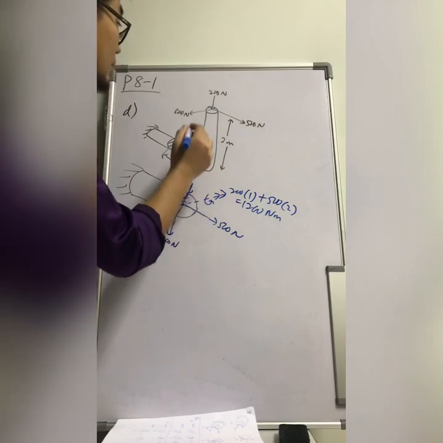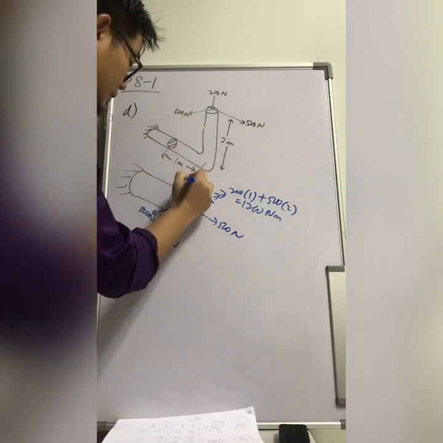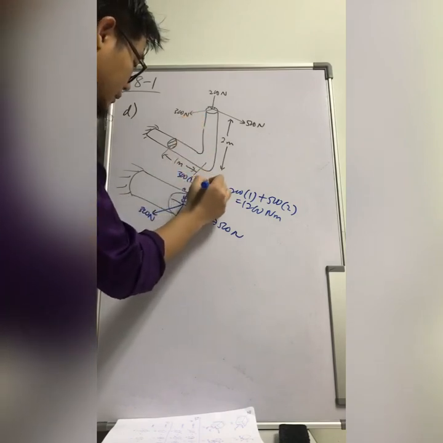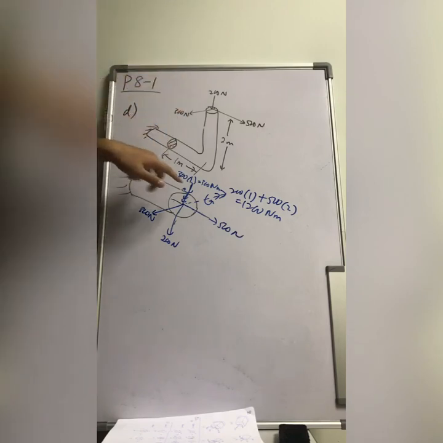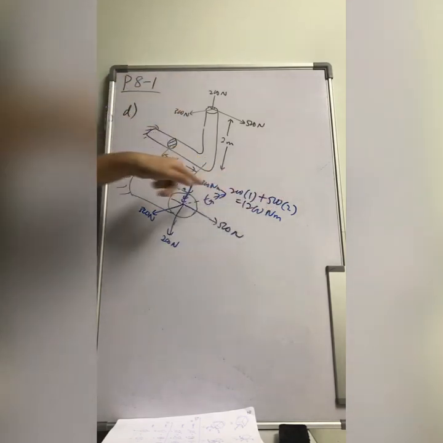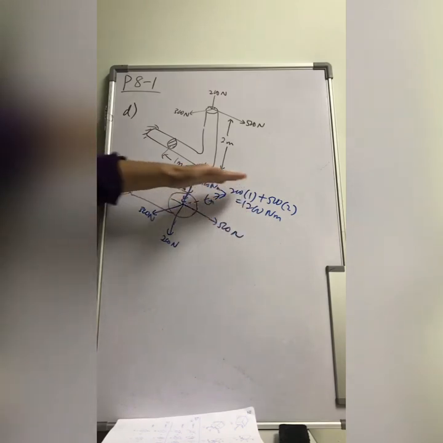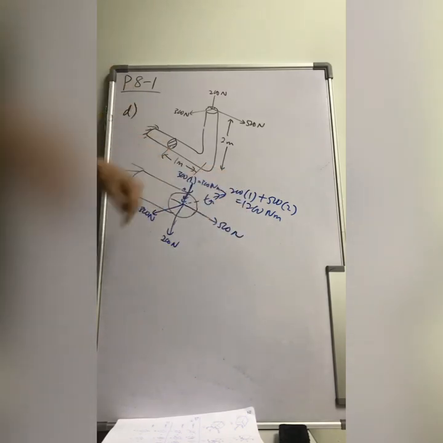It is 300 times 1, which is 300 Newton meter. Is it okay? Okay, what else? So we already have 3 bending moments. 1, 2, 3. Of course, these two will constitute just one because they share the same direction. So one is here.